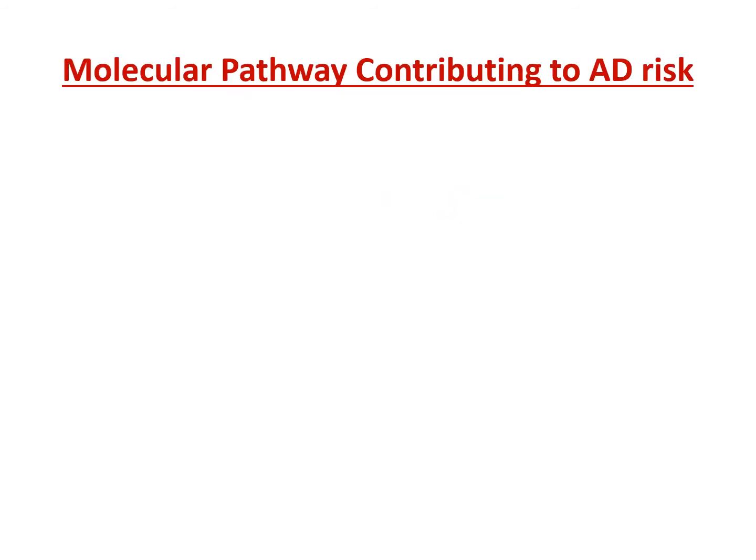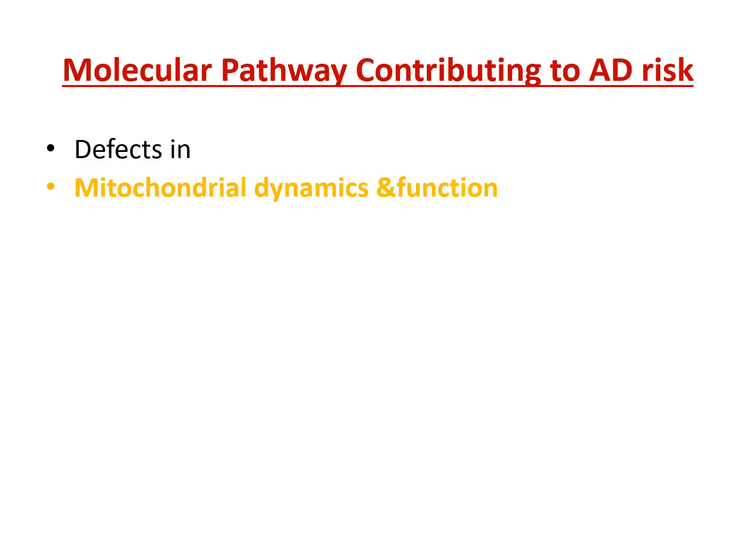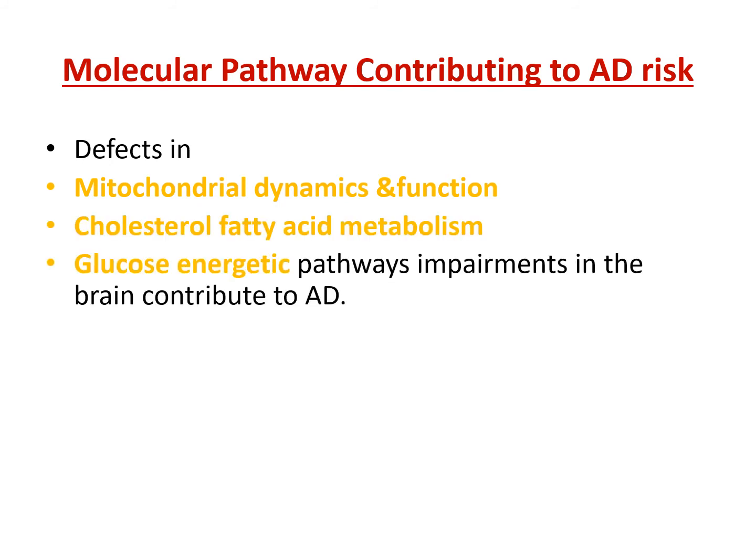There are several factors involved in this disease, but if we talk about molecular pathways which contribute to this disease, let's talk about them. That involves defects in mitochondrial dynamics and function, cholesterol, fatty acid metabolism, glucose energetic pathways impairments in the brain contribute to this disease.